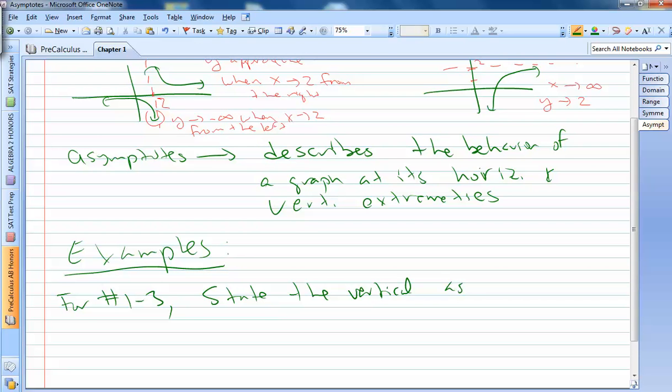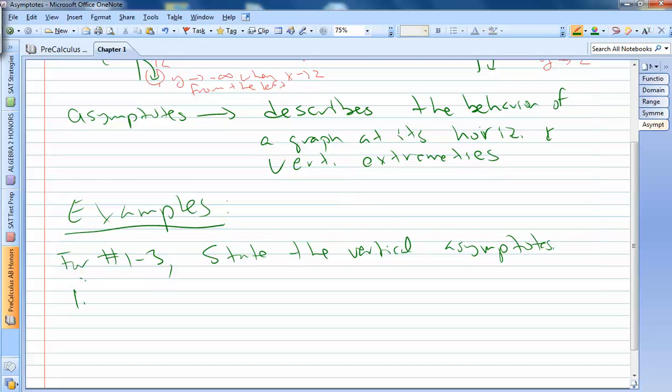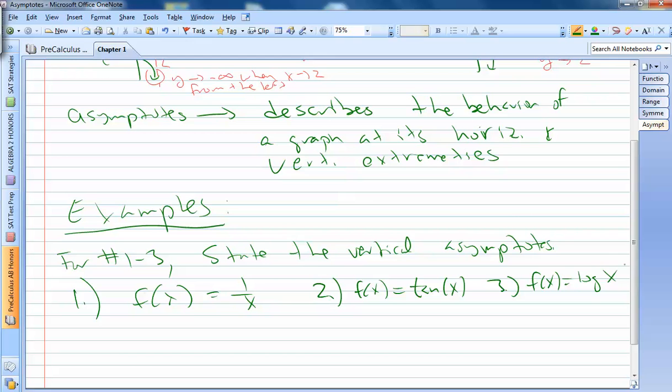So we're going to state the vertical asymptotes for these problems. So for number 1, here we have f of x equals 1 over x. Number 2, f of x equals tangent x. And number 3, f of x equals log x.